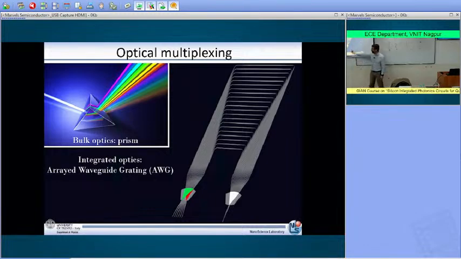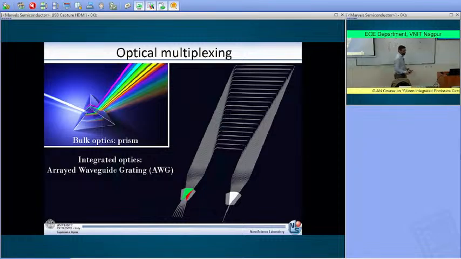Therefore, by simply using this length difference, you are able to address, as a function of the wavelength of the light, this output port or that other output port. In this way, you are demultiplexing the white light along different output waveguides.